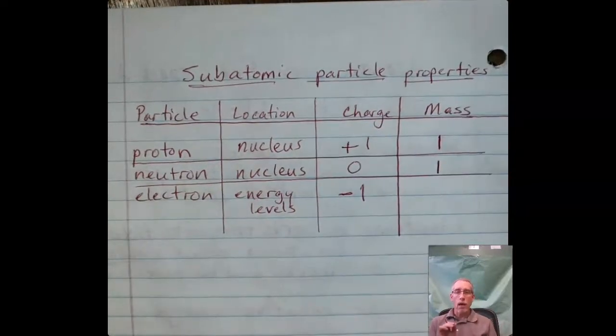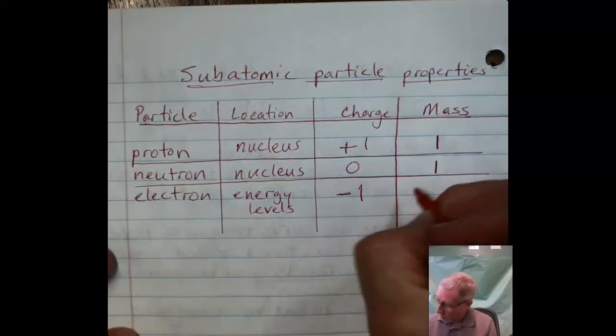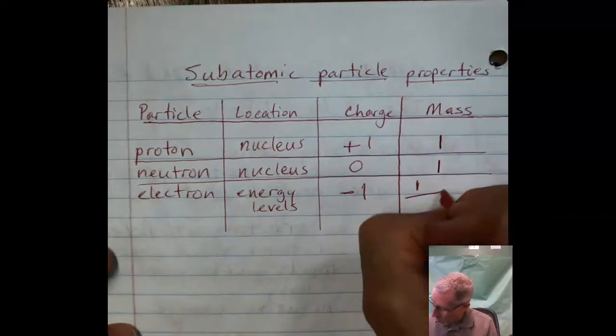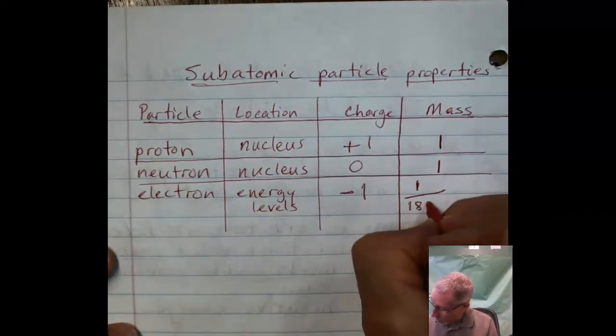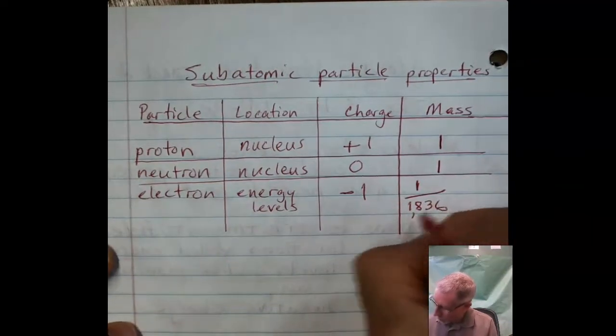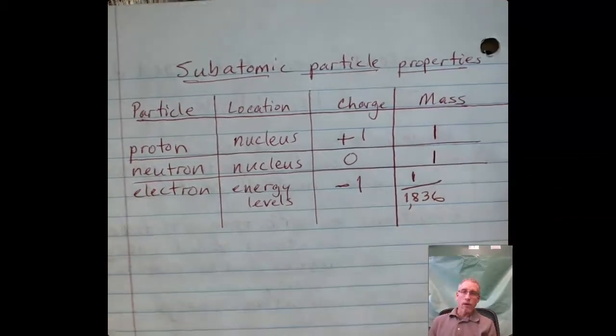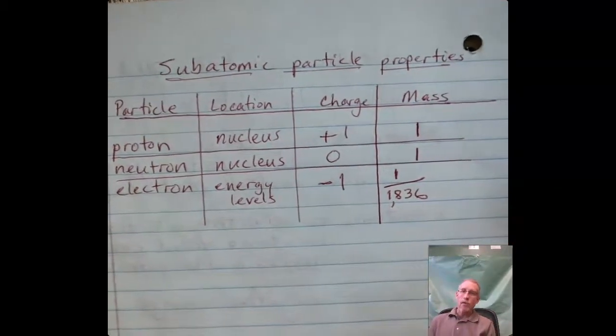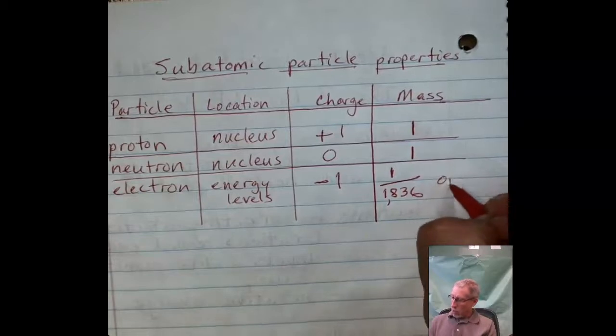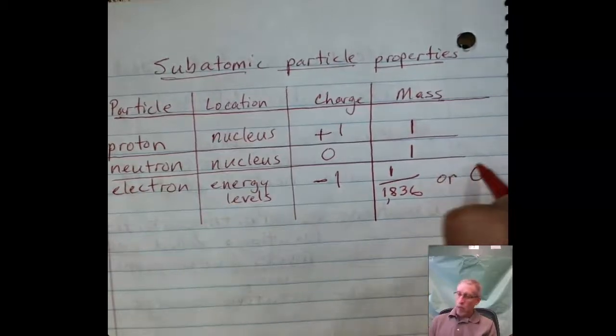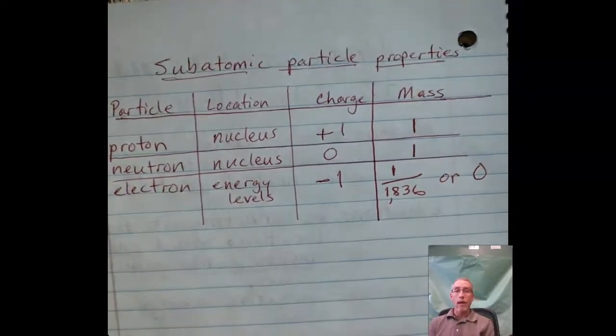Okay, if they each have a mass of 1, the electron is so tiny, it is less than, or just about 1/2000th of the mass of a proton or a neutron. Technically, it's about 1/1836th of a proton. Okay. Now that's so small that we usually say that electrons have no mass at all.